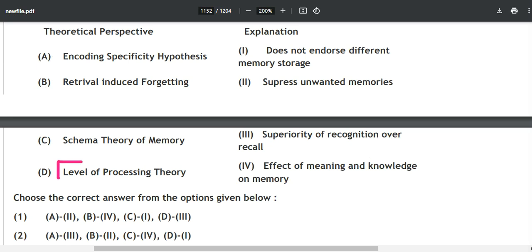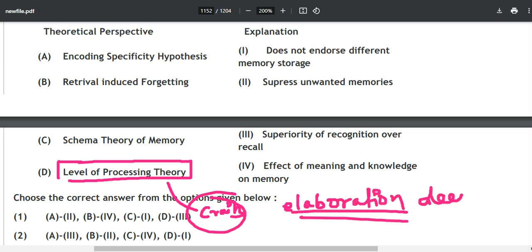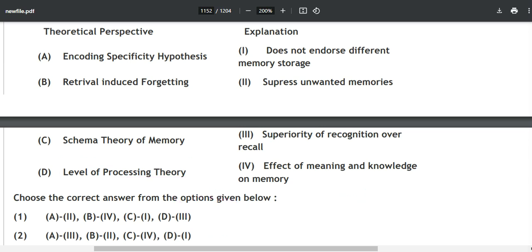What does levels of processing mean? What did Craik and Lockhart want to say from this theory? They just wanted to say that elaboration, deep processing, matters. Whenever you are processing some knowledge very deeply, it will be available for a longer period of time.